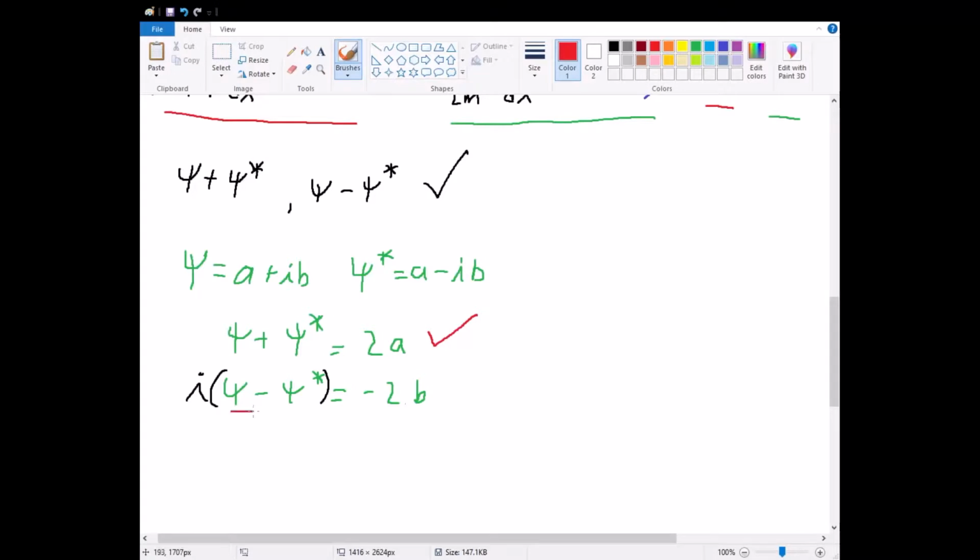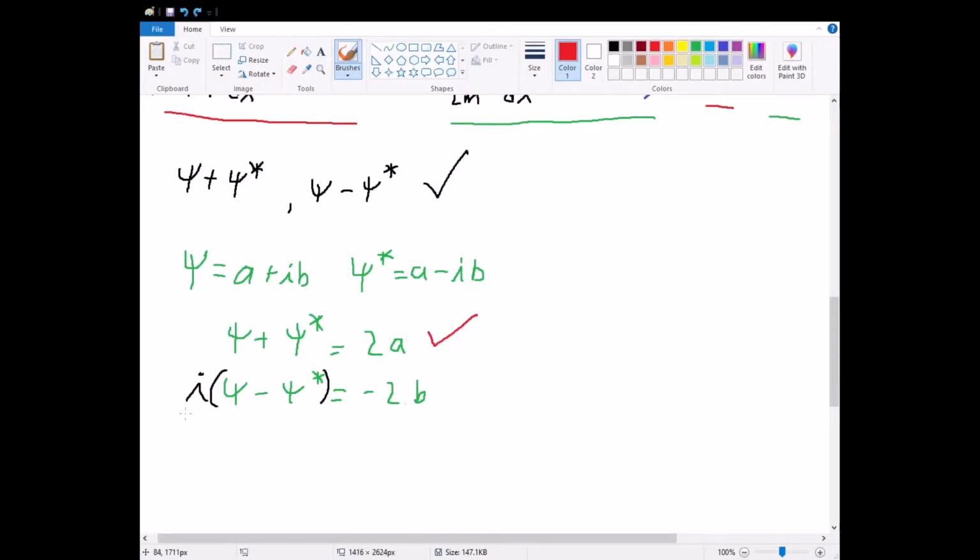We have shown that psi minus psi star is a valid solution. However, we don't know if i times psi minus psi star is a valid solution. If this is also a valid solution, then this would also be a valid solution, in which case we would be done with our proof. We can always, given some complex psi, write it as either this top form or this bottom form, and as a result of that, give us a valid solution that is real despite psi itself being complex.